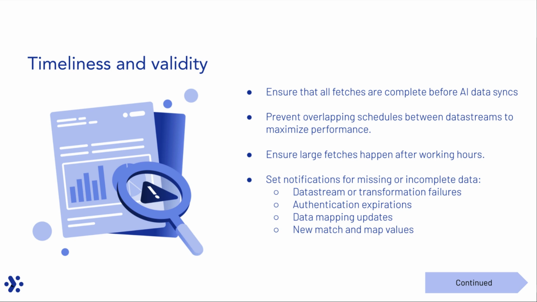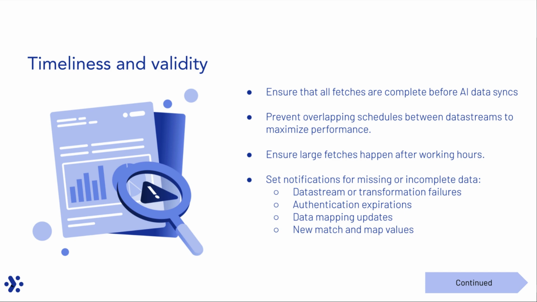And then these next two bullets are very common recommendations we make to our customers, whether they're working with AI or even if it's just general best account practices and data hygiene. Very often we're recommending that customers make sure their data fetch schedules don't overlap. That just helps keep performance high in your account. It keeps things running smoothly.